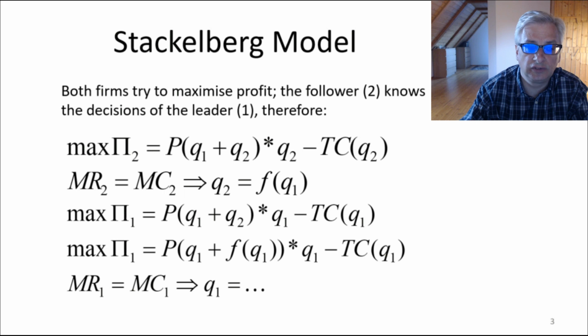Therefore, you can see we can calculate marginal revenue here from this total revenue, and we can calculate marginal cost from the total cost. However, when we make them equal for profit maximization, you will get the equation with two variables, Q1 and Q2.